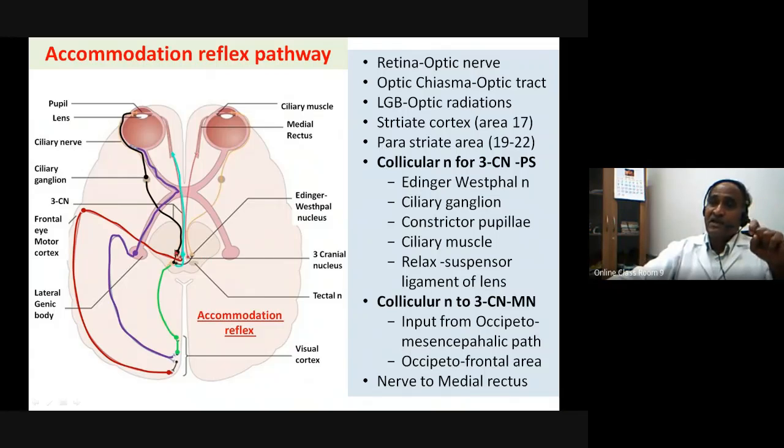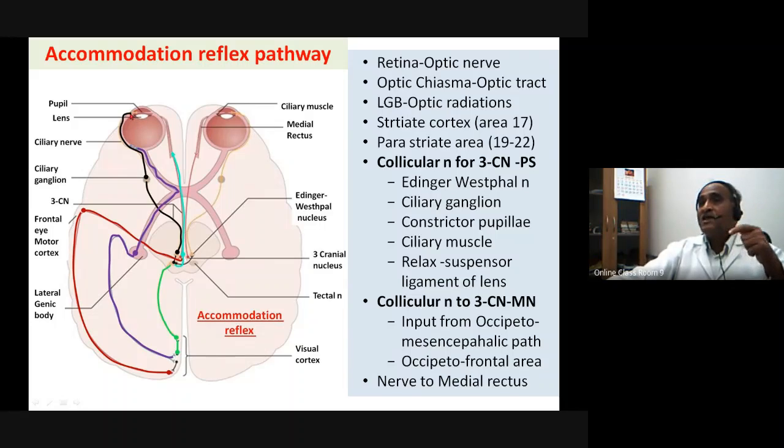From the Edinger-Westphal nucleus, it goes to the ciliary ganglion. From the ciliary ganglion, it goes to the constrictor pupillae and also to the ciliary muscle. The constrictor pupillae actively contracts, so there is a constriction of the pupil, and the ciliary muscle contracts.